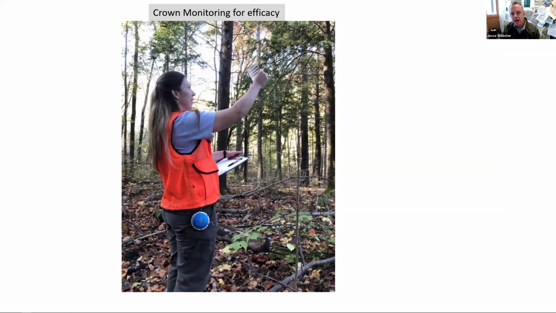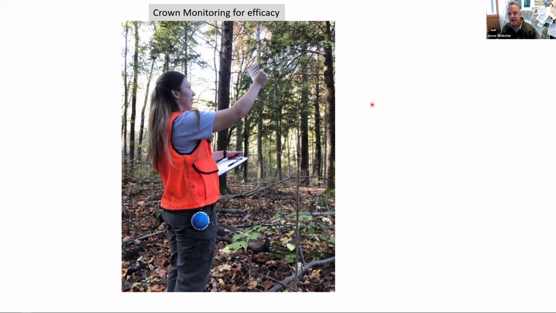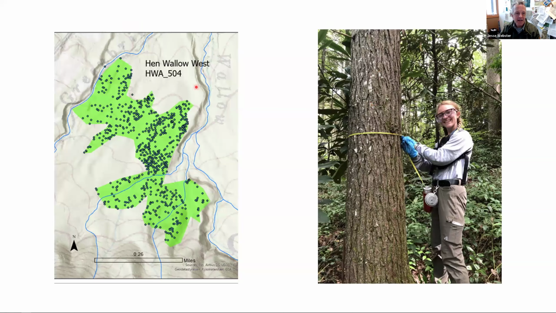Crown monitoring for efficacy of our treatments over the years. This is pulled from multiple years throughout the park. Again, our treated trees, as we call them, conservation areas. Back to the other photo again, Henwallow West, we have over 450 conservation areas. Henwallow West is an area of about 50 acres. Every tree there is pointed. We know where those areas are.